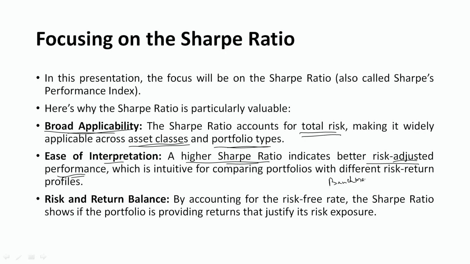It also talks about the risk return balance. How do I talk about risk return balance? I am already considering a risk free rate of return, and after that the Sharpe ratio is telling me if the portfolio is providing enough return to justify the risk exposure. Risk free rate of return is the government bond return, let us assume.